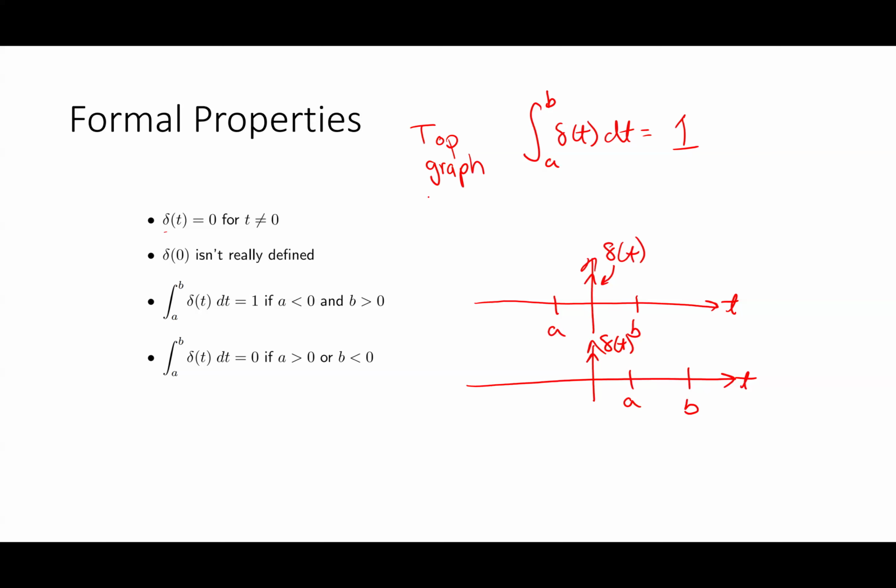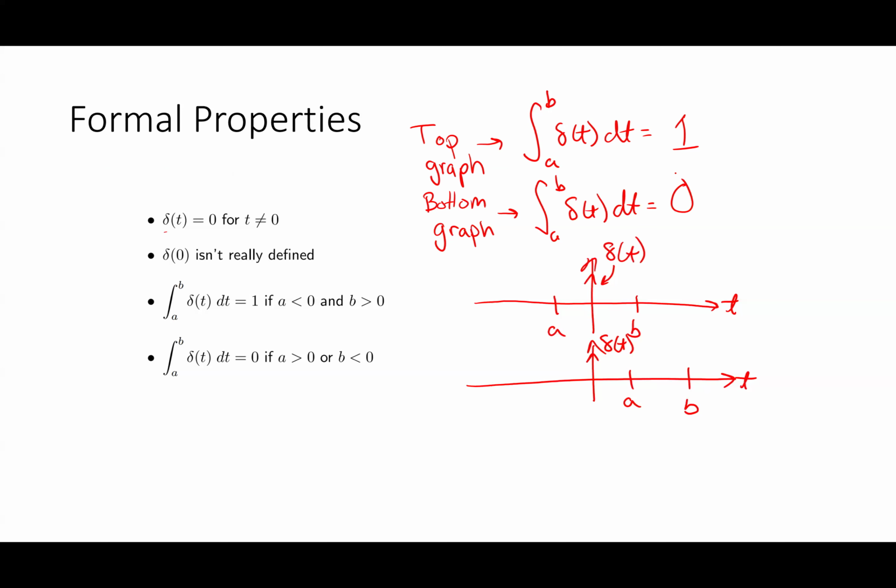For the bottom graph, what have I changed? Here, A and B are here. Just looking at this, even if you didn't know anything about the delta function, what's the area enclosed as I move from A to B? 0, because I didn't include that in the integral. So it's fairly straightforward.